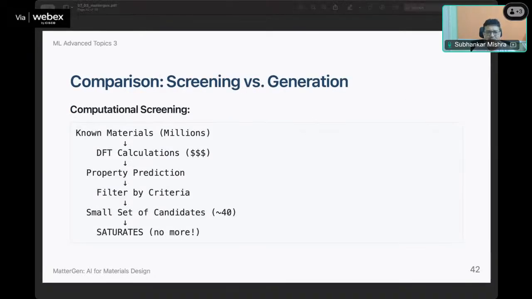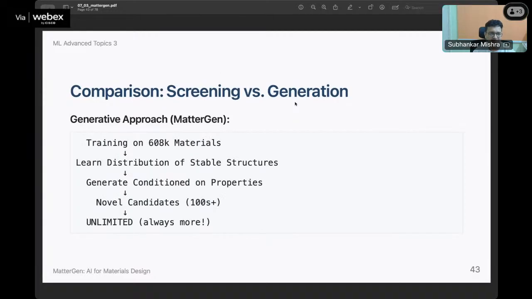Now, screening versus generation again. Screening will be limited by the database itself. You cannot go beyond the space that you have. Eventually, you will run out of that, right? But in the generative approach, you just need to train it to learn the distribution of stable properties.